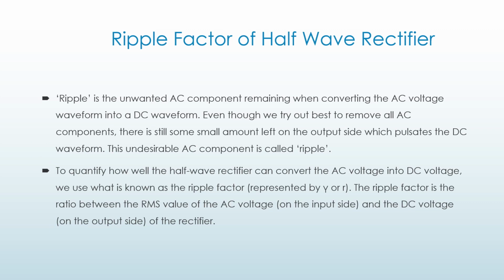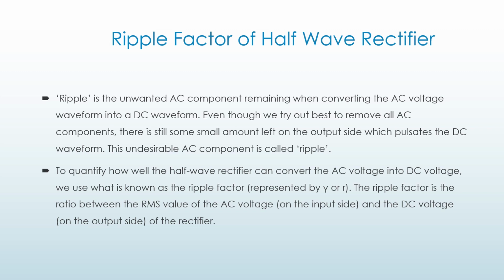Ripple factor of half-wave rectifier. Ripple is the unwanted AC component remaining when converting the AC voltage waveform into a DC waveform. Even though we try our best to remove all AC components, there is still some small amount left on the output side which pulsates the DC waveform.